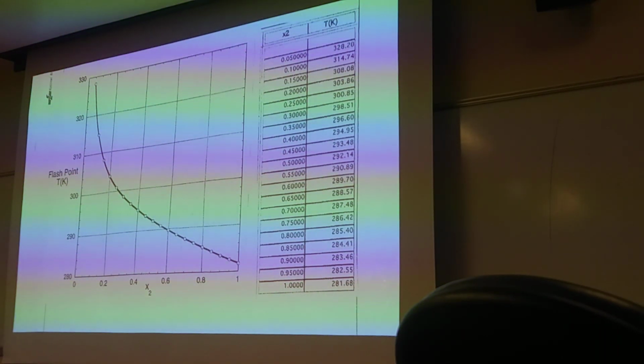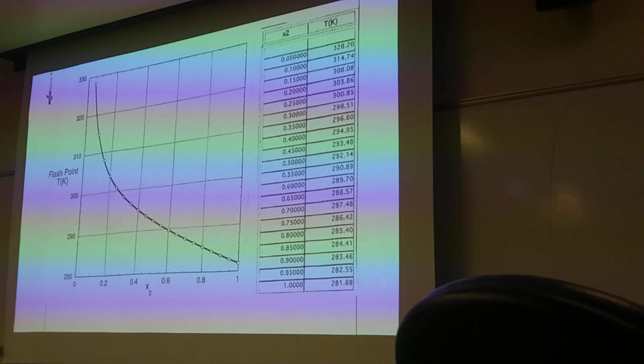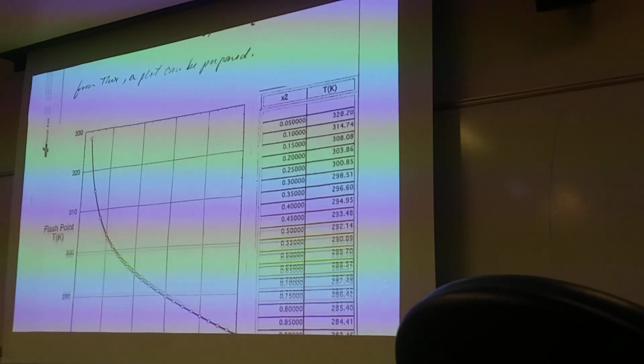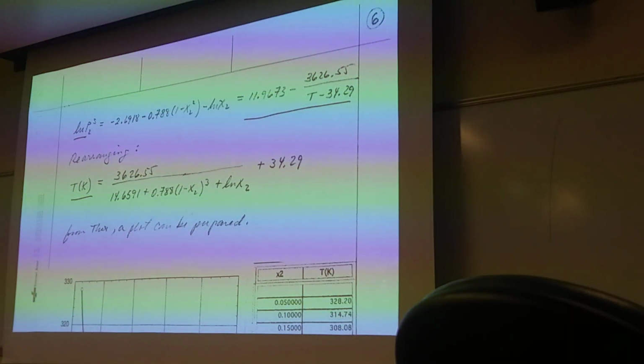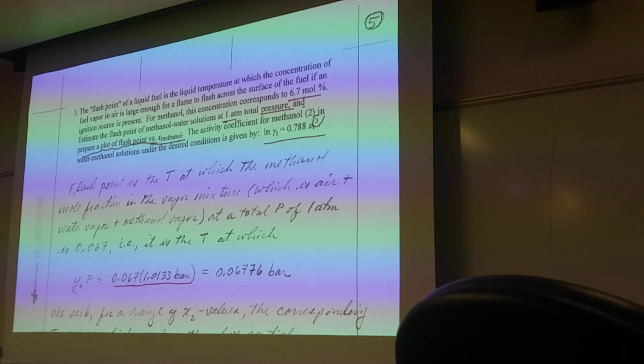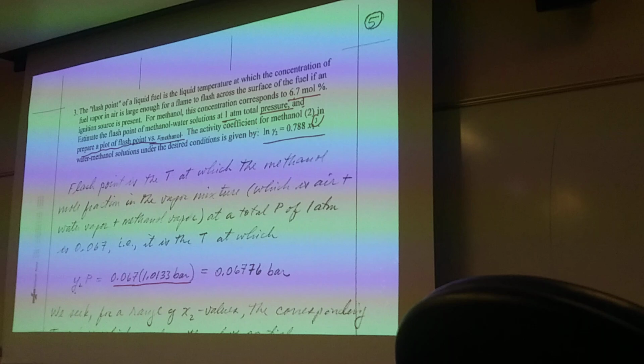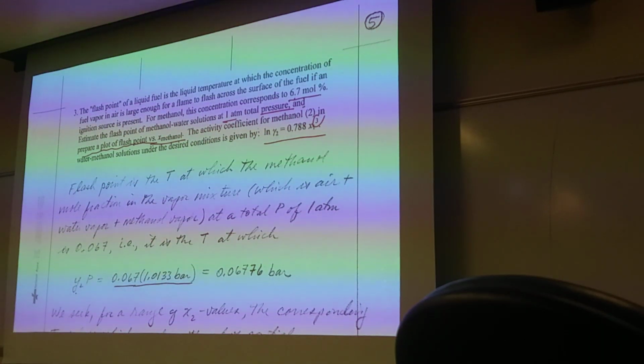What was the flash point temp for the first? I missed it. Excuse me? What was the flash point temp for the very first, the first part of the problem? Well, they're all given in that plot. I'm looking for what you're asking.